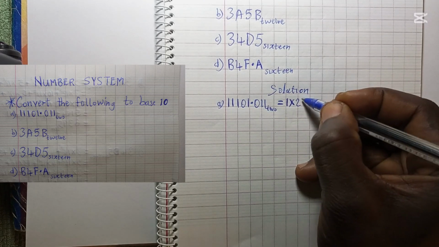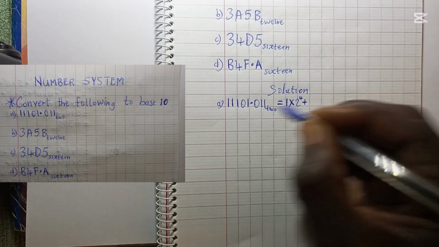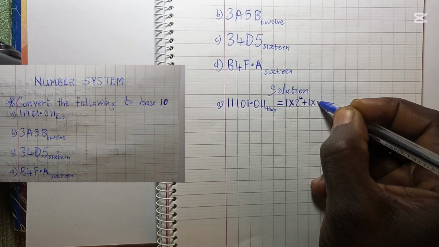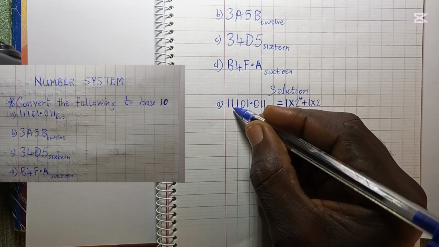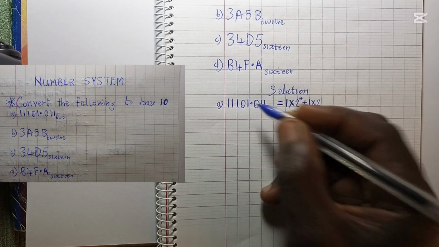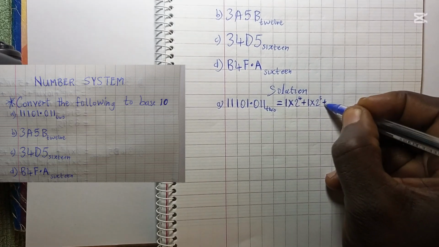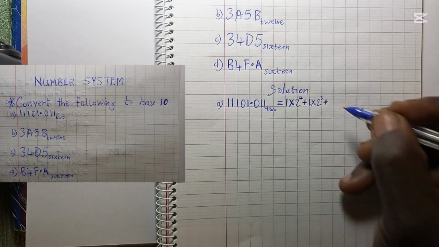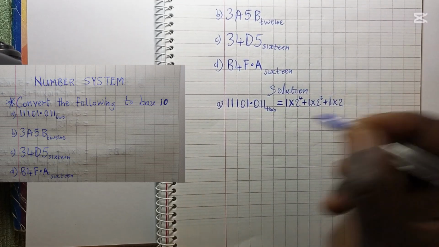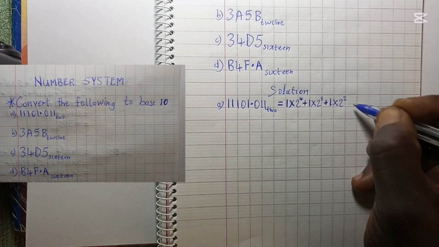Then plus 1 times 2 raised to power, how many digits do we have at the back of this one here? We have 3, so raised to power 3. Then plus this one now, 1 times 2 raised to power 2, because we have 2 digits at the back of this one.